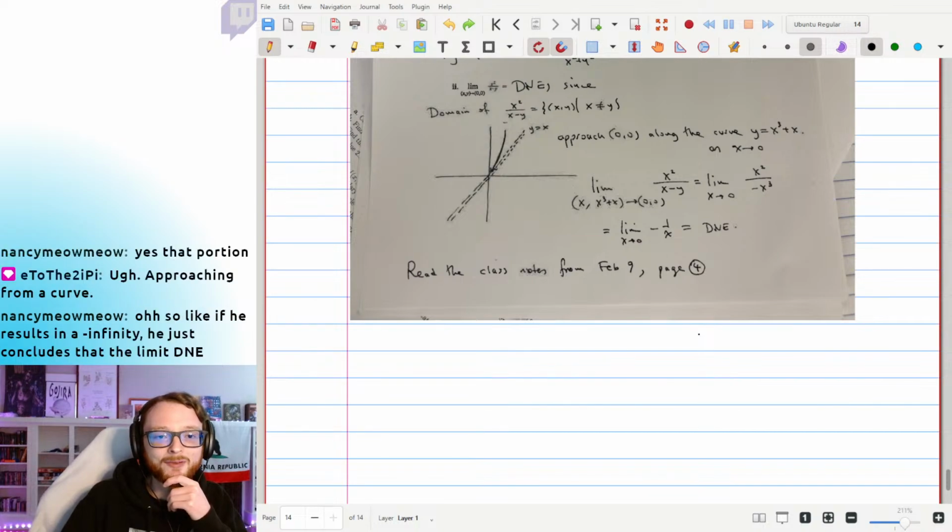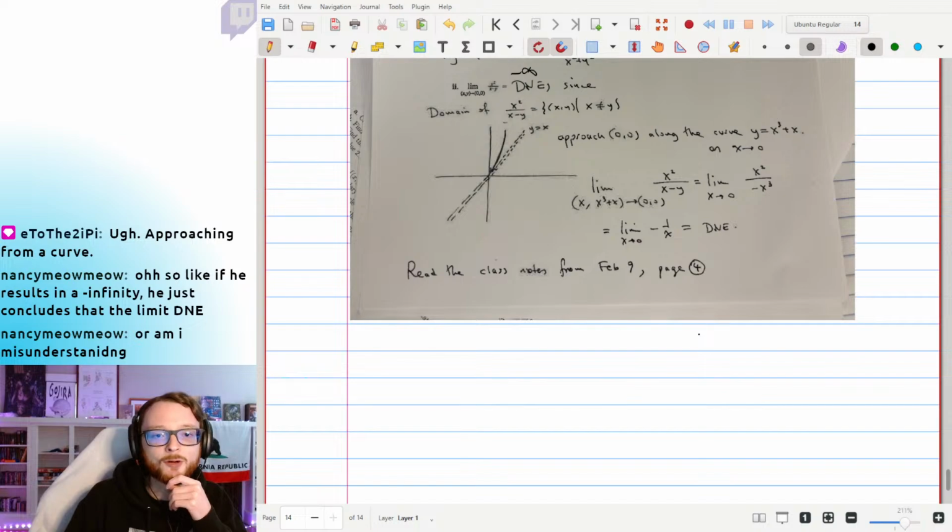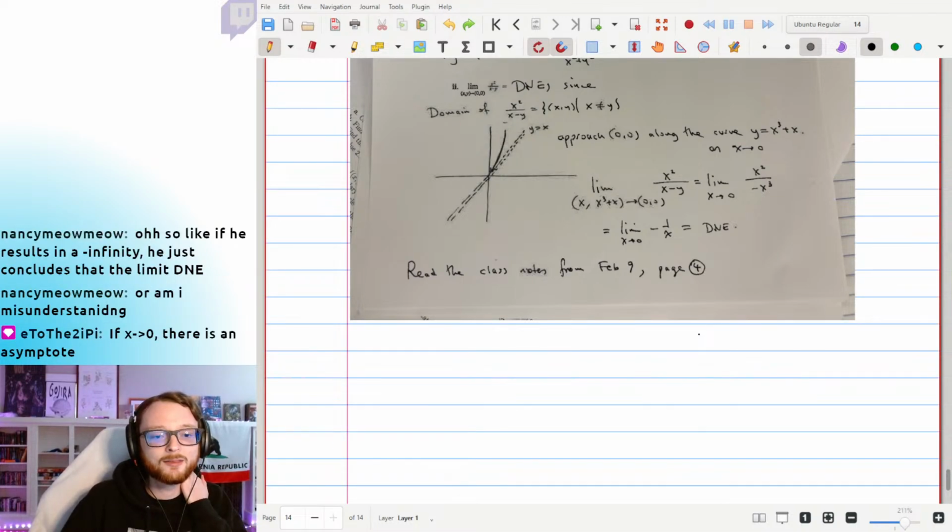Yeah, I feel like you're missing out on information though, because what if it goes to negative infinity in all directions? That's still some helpful insight that you're not getting if you just call it does not exist. It feels a little bit weird to me.